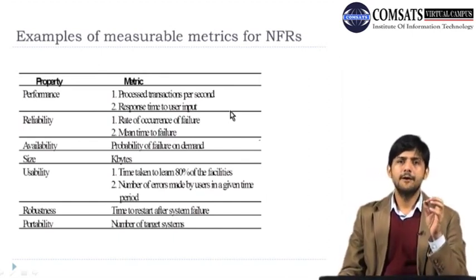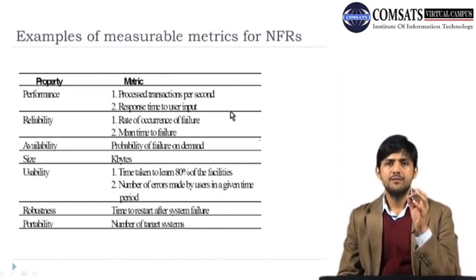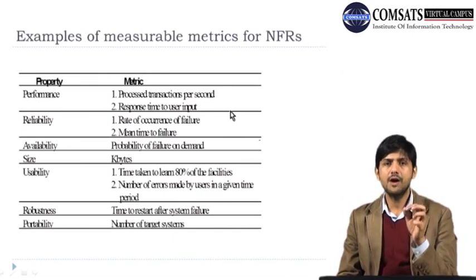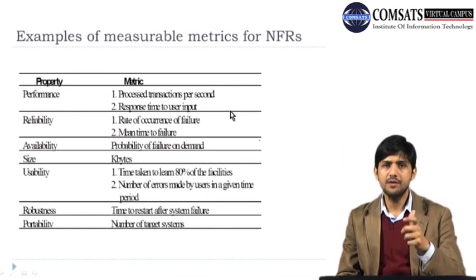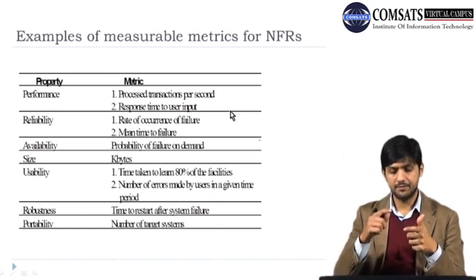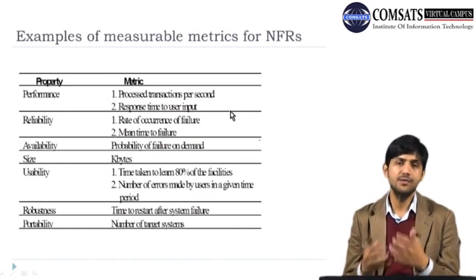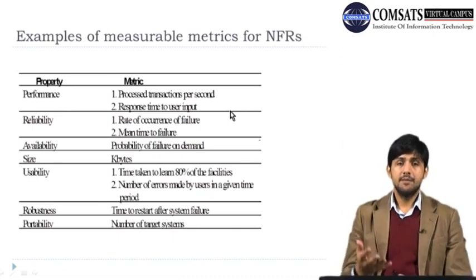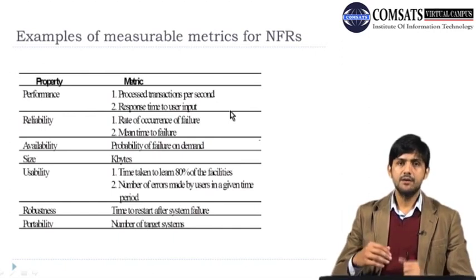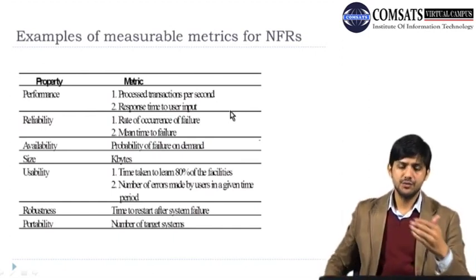Whenever performance is a concern, we should figure out whether the requirement is testable by these metrics. If we have identified the transaction time or the response time, this is something we can actually measure. The reliability property can be expressed in terms of two metrics.